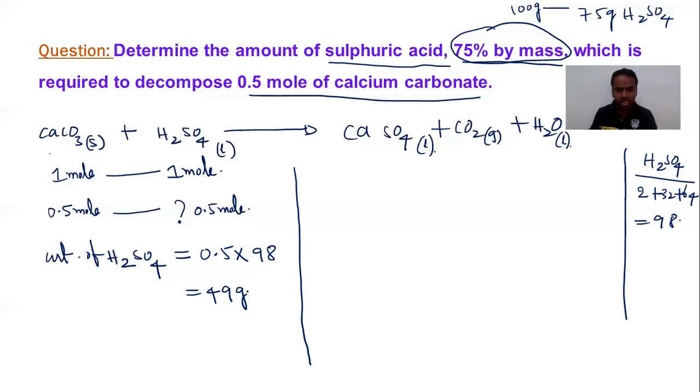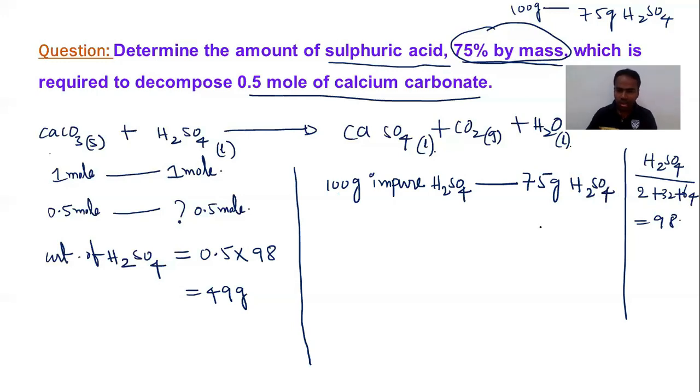But the given sample is not 100% pure H2SO4. So 100 grams of this impure H2SO4, I call it impure because this is 75% H2SO4 by mass only. 100 grams of this impure H2SO4 sample contains 75 grams of pure H2SO4.